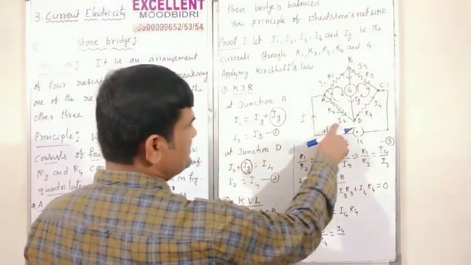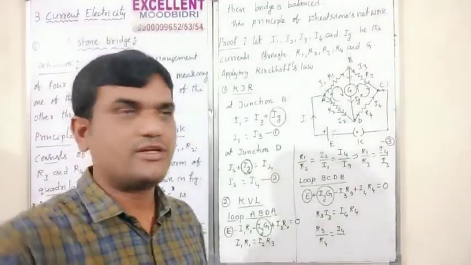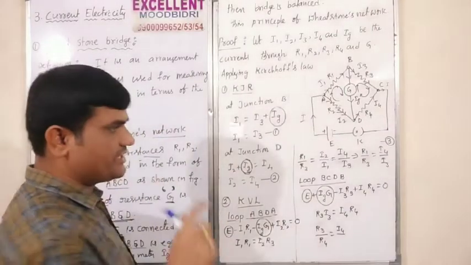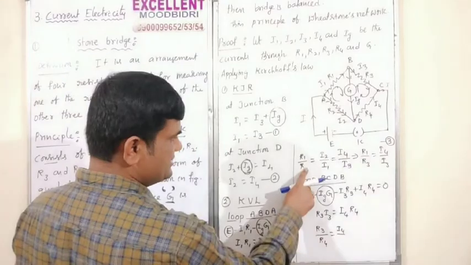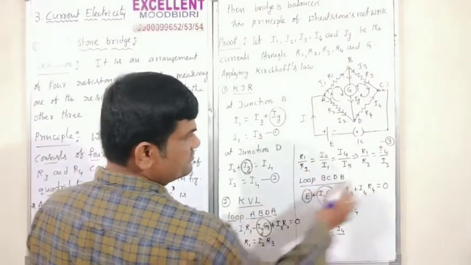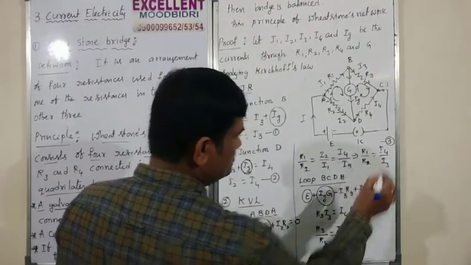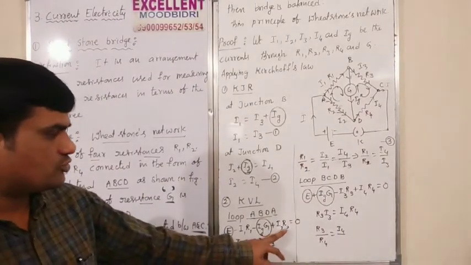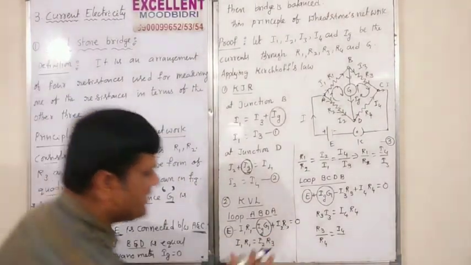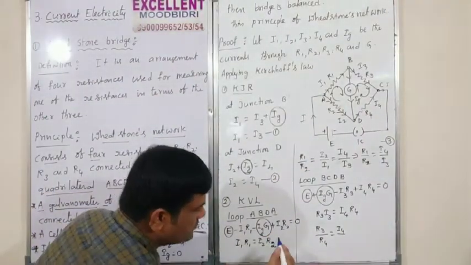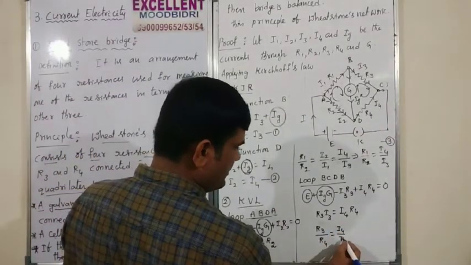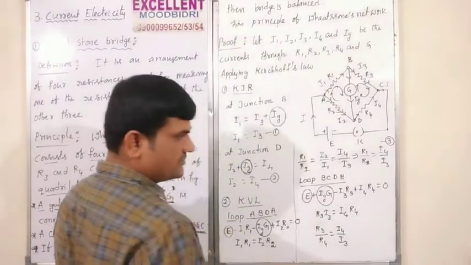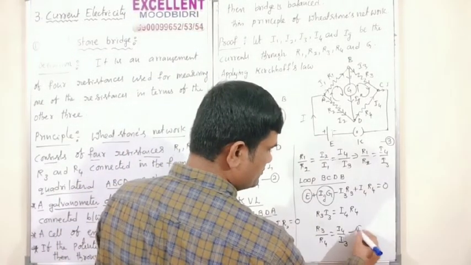Here it is I2, and here R2. I made a mistake here, extremely sorry. This is the R2, so I2 R2. Okay. Then next, I4 by I3. Equation number 4.